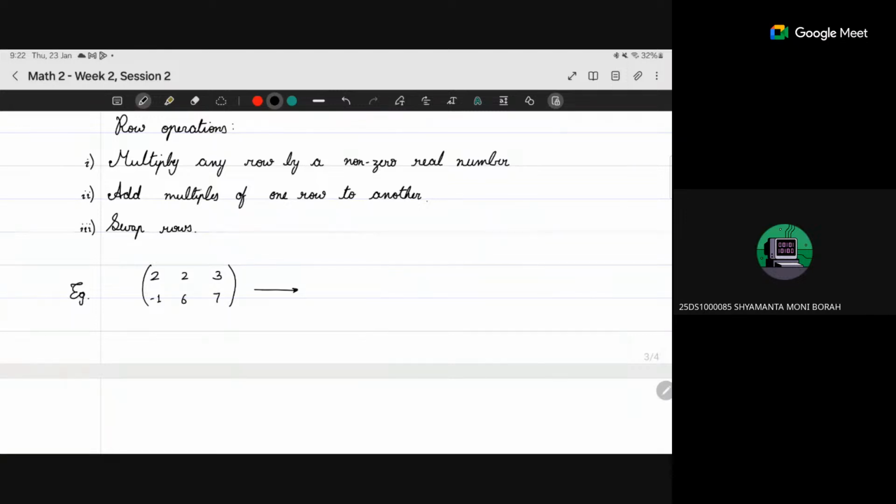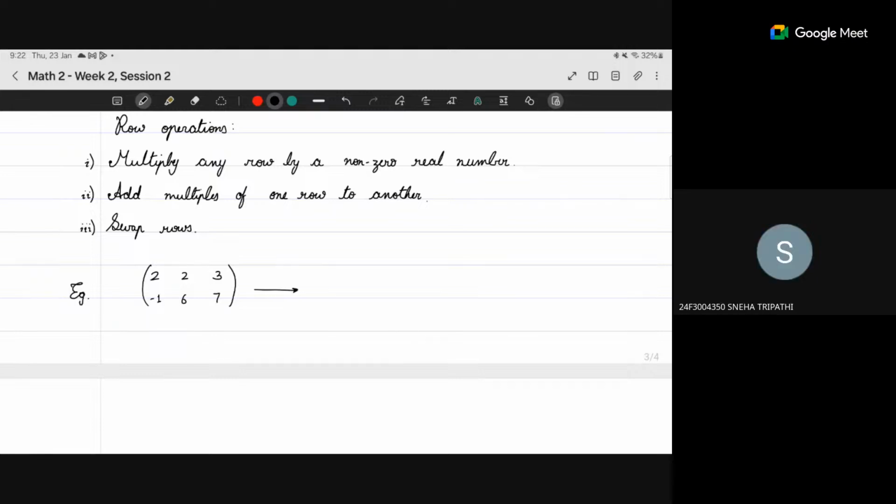Now, can I do row operations to bring this to REF or RREF? What are the permitted operations? You can multiply any row by a non-zero real number. The first obstruction you observed was that row 1 does not have 1 as the leading entry. Is there any scalar multiple I can multiply row 1 with to make that okay?